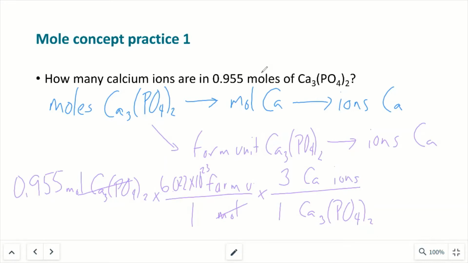But for the calcium, 0.955 multiplied by Avogadro's number, multiplied by 3, with 3 significant figures because of the 3 here in our initial measurement, we get 1.73 times 10 to the 24th calcium ions.